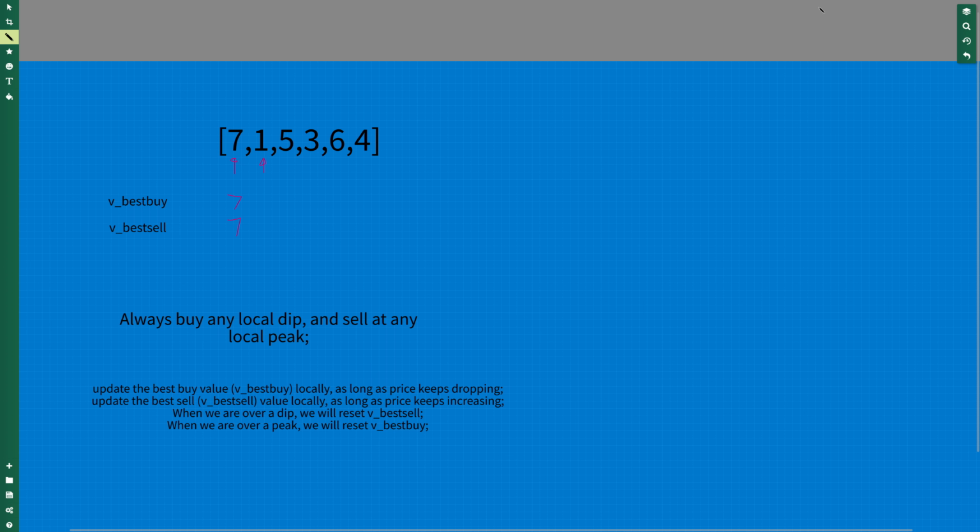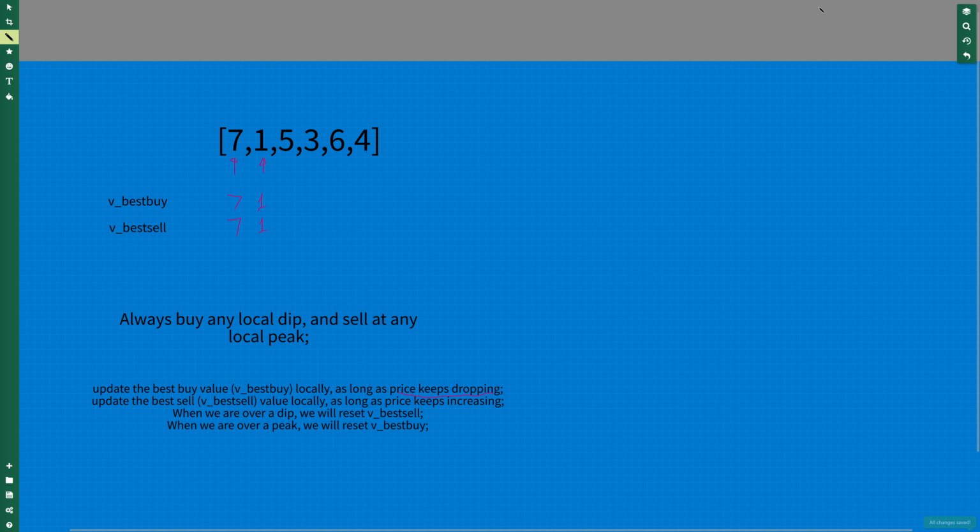Then moving on to day one, because the price is dropping, we're going to update the best buy value. So this now becomes 1, and the best sell value cannot be 7 anymore because we're over it. The best sell value is now 1.